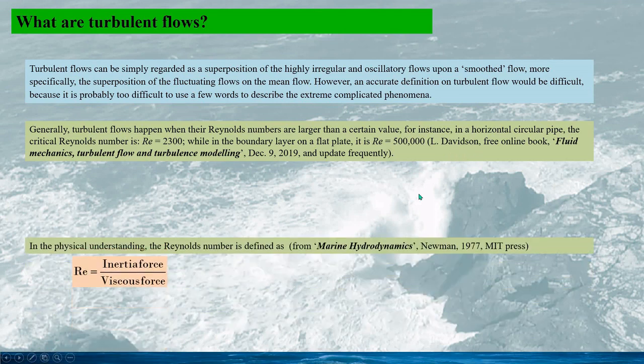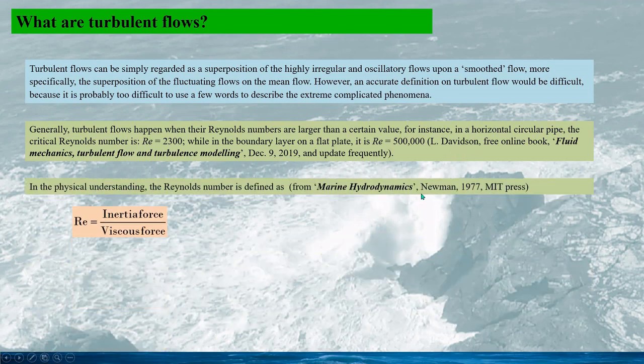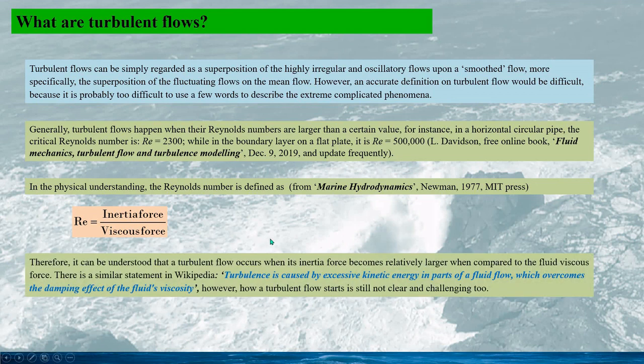If we look at the physics of the Reynolds number, we can see the Reynolds number is actually the ratio of the fluid inertial force over the viscous force. In this regard, it can be understood that turbulent flow occurs when its inertial force dominates the viscous force.